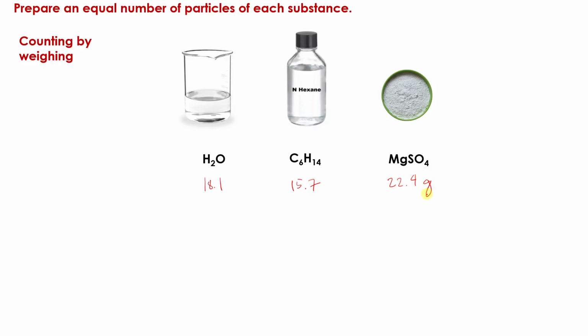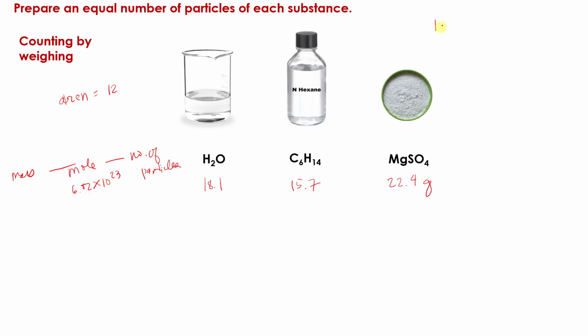So again, we can determine the number of particles of each substance with the help of the concept of a mole, because a mole is the bridge between the mass and the number of particles. Again, 1 mole is always equal to 6.02 times 10 to the power of 23 particles. It's like a dozen, because a dozen is also a unit, always equal to 12 pieces.